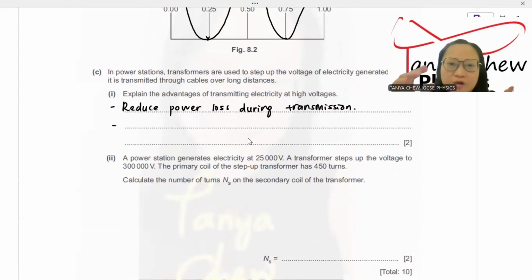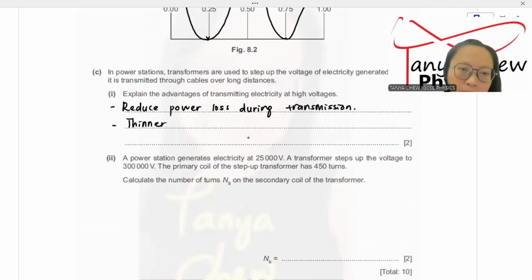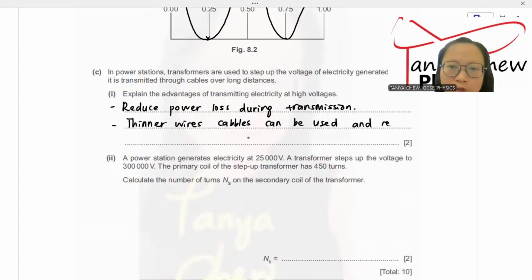You can use thinner cables so that the cost of the construction will be lesser. So: thinner cables can be used and reduce construction costs.